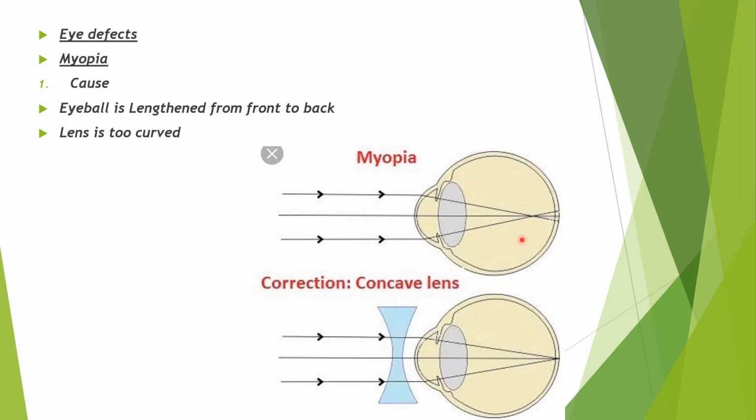In order to correct this defect, we can use a concave lens, which is a diverging lens. So, when we are wearing a concave lens, it brings about the divergence of the light rays. Finally, when they pass through the convex lens of the eye, the rays converge and focus on the retina, and we can see things clearly.